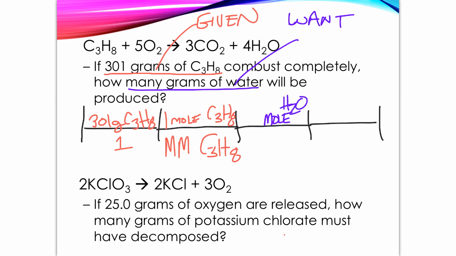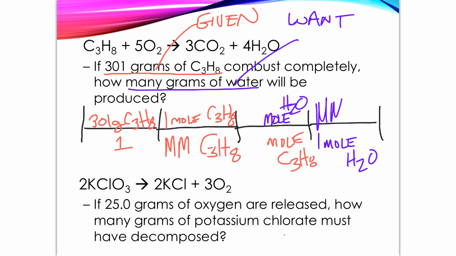and we're converting from what? Moles of C3H8. And then the last thing we've got to do is put 1 mole of H2O, and then the molar mass of H2O.